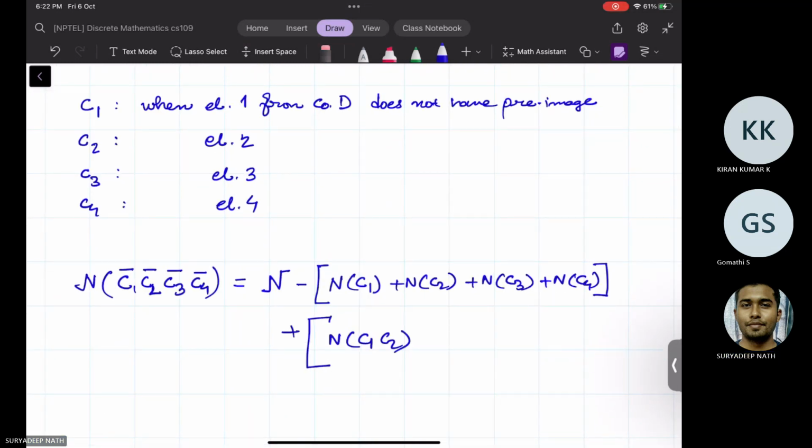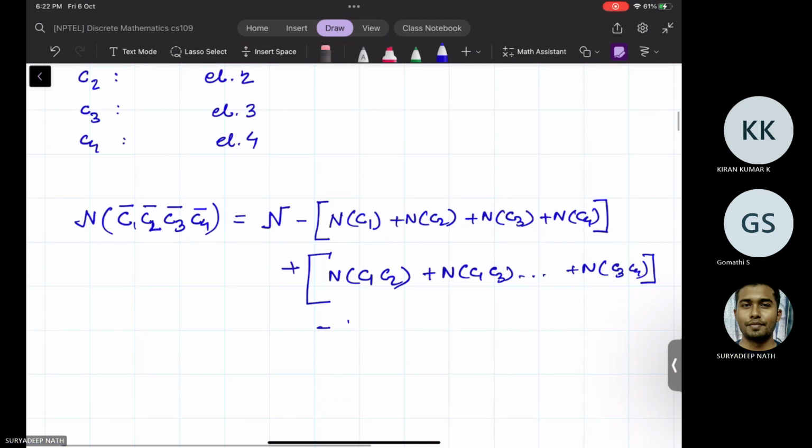So that is what is meant by n C1, C2, n C1, C3, and so on till n C3, C4. And finally, we have the three combinations.